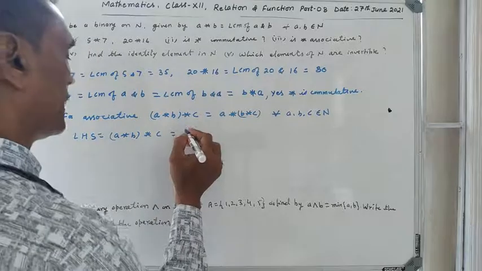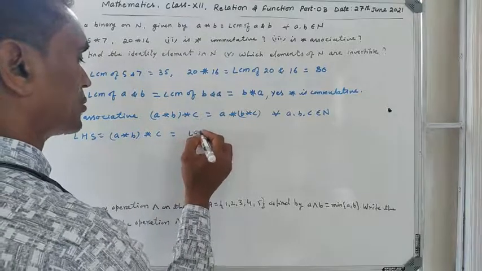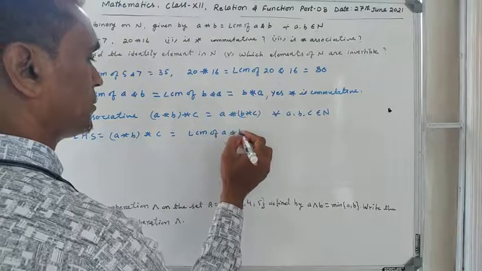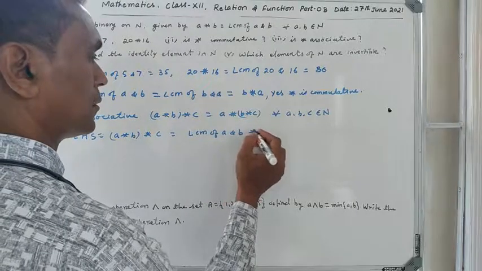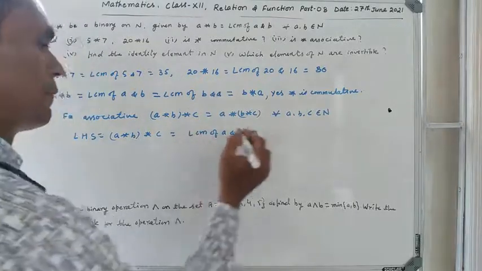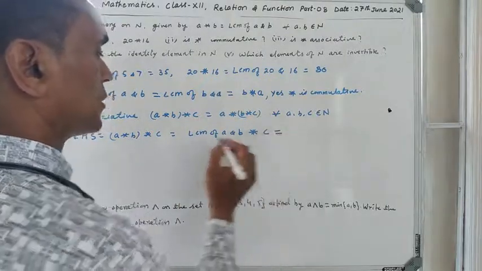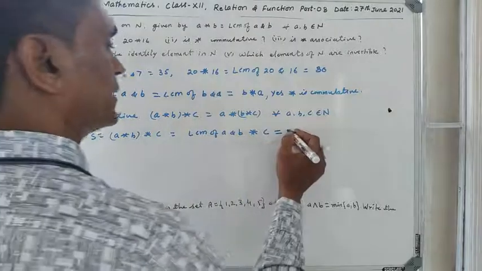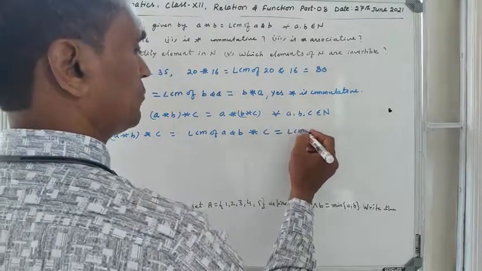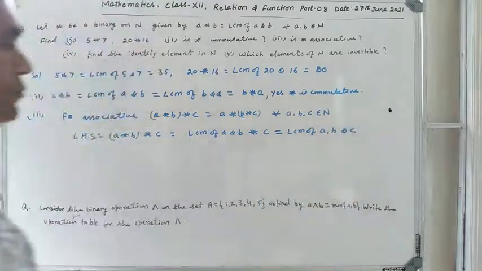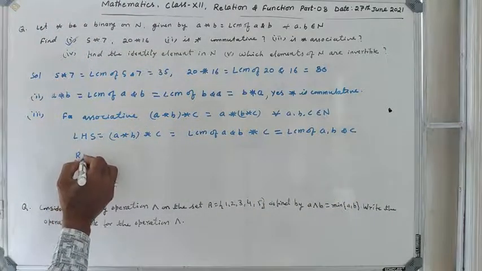LCM of A and B, here C. This is equal to LCM of A, B and C. Now RHS.